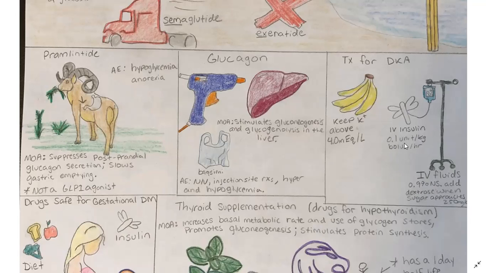That's going to be a 0.1 units per kilogram bolus, and then another 0.1 units per kilogram per hour after that. And then potassium is very important. You want to keep that above 4.0. There are 4 bananas here to help you remember to keep it above 4.0.